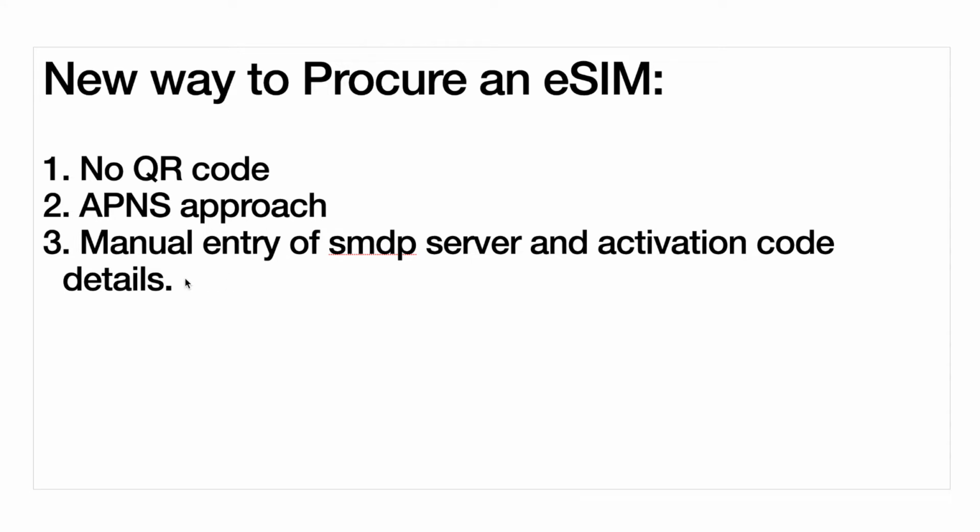So I just jotted down some points on how this new approach really works. First one is no QR code. I don't see Jio using a QR code so far. They always give the server details and activation code to the customer, and the customer has to enter them manually.